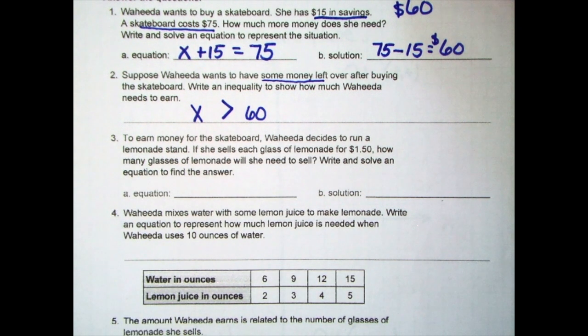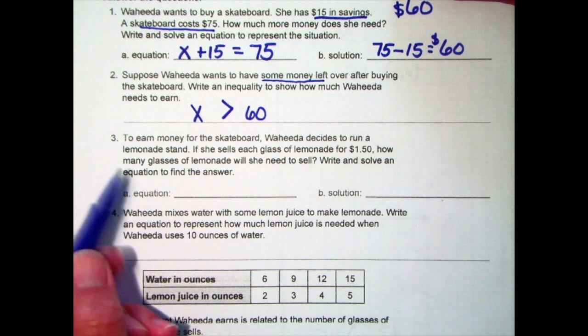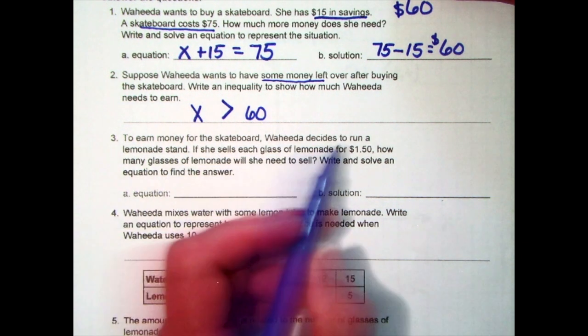It says to earn money for the skateboard, Wahida decides to run a lemonade stand. If she sells each glass of lemonade for $1.50, how many glasses of lemonade will she need to sell? Write and solve an equation to find the answer. Well, let's see what we have here. She decides to run a lemonade stand.